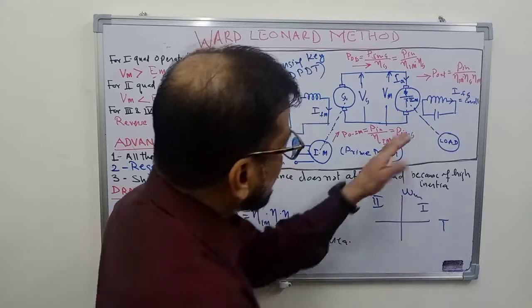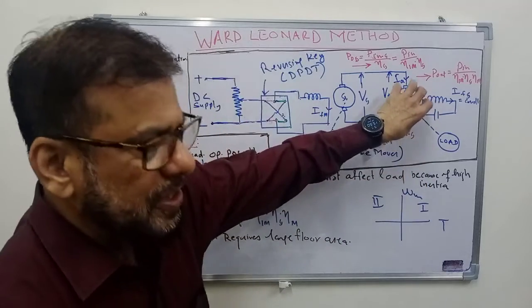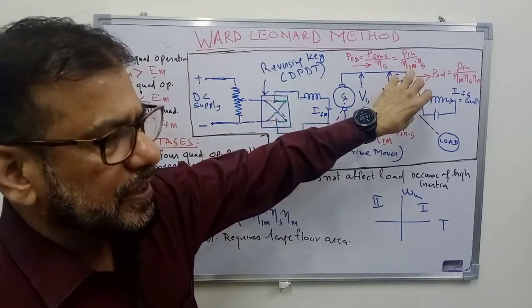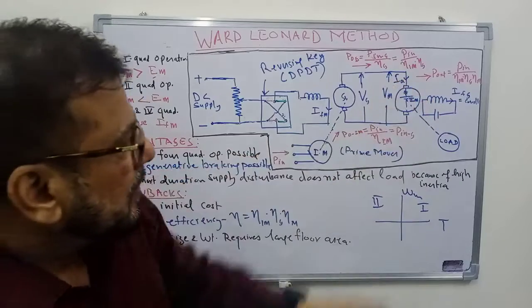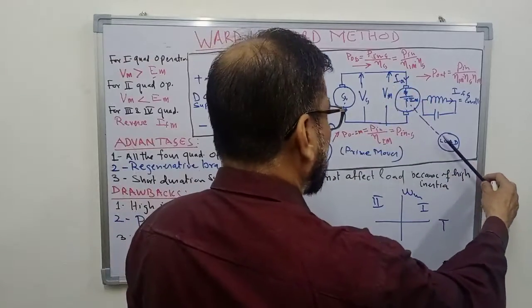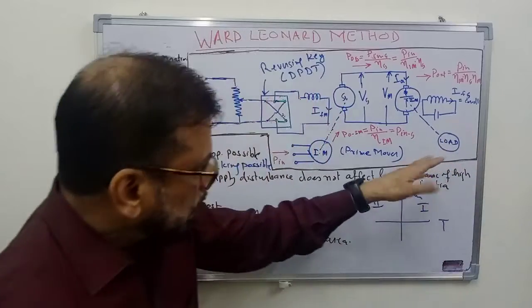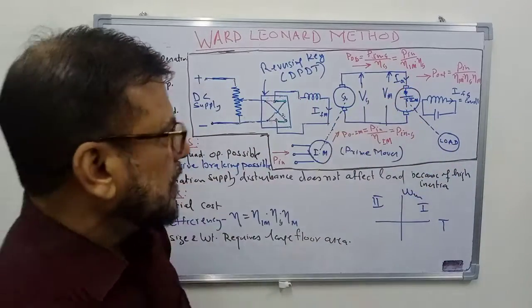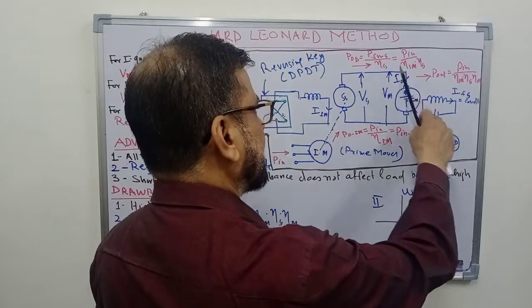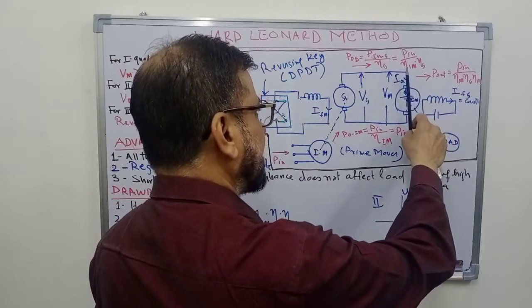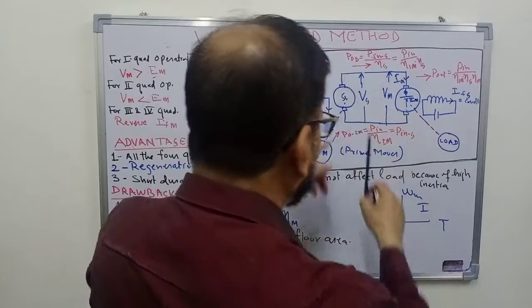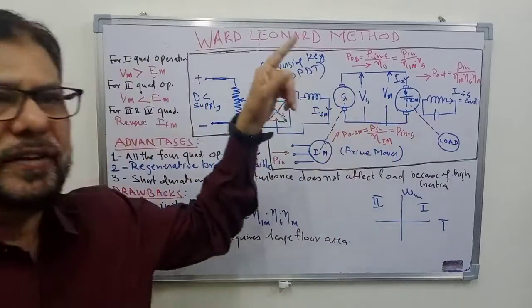This means that now this machine starts working as a generator. So the power flows from the mechanical system of the load, the mechanical energy of the load and the motor is converted to electrical energy, and this electrical energy flows back here, and this generator is now working as a motor.